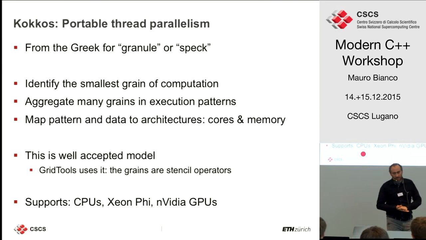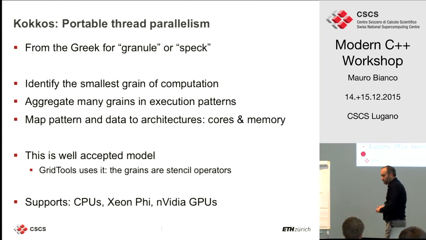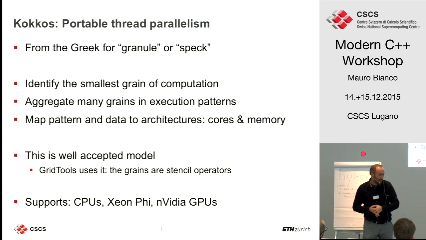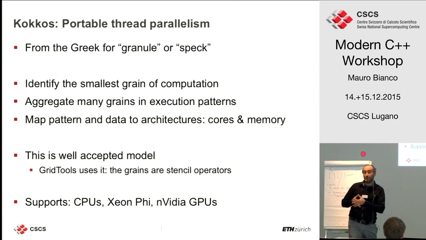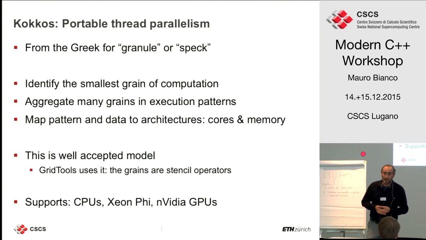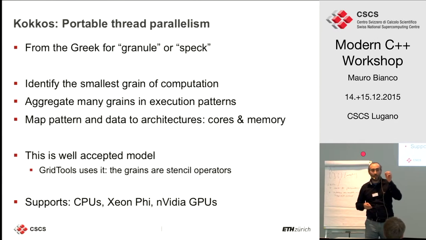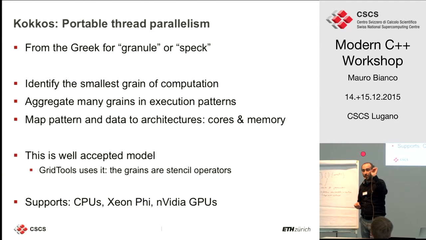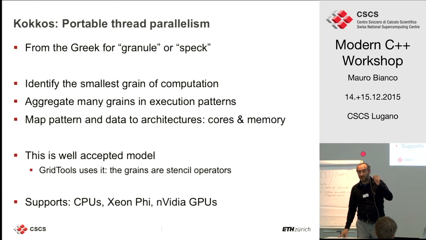This is, I would say, a quite well-accepted model. I've been working with this model for many years now, and GridTools is actually an implementation of that model. If you think of a stencil, applying the stencil function to a point, and you can do this in parallel to all the points, the smallest granule of computation is the stencil function.